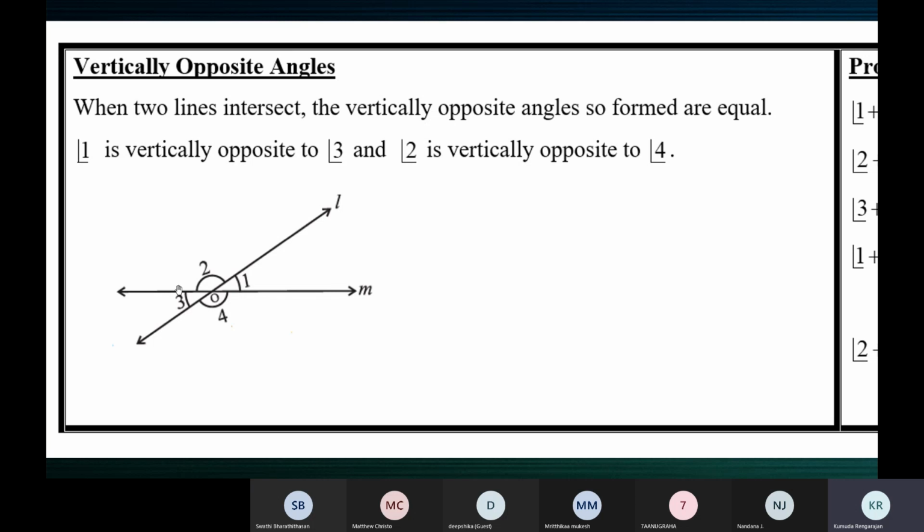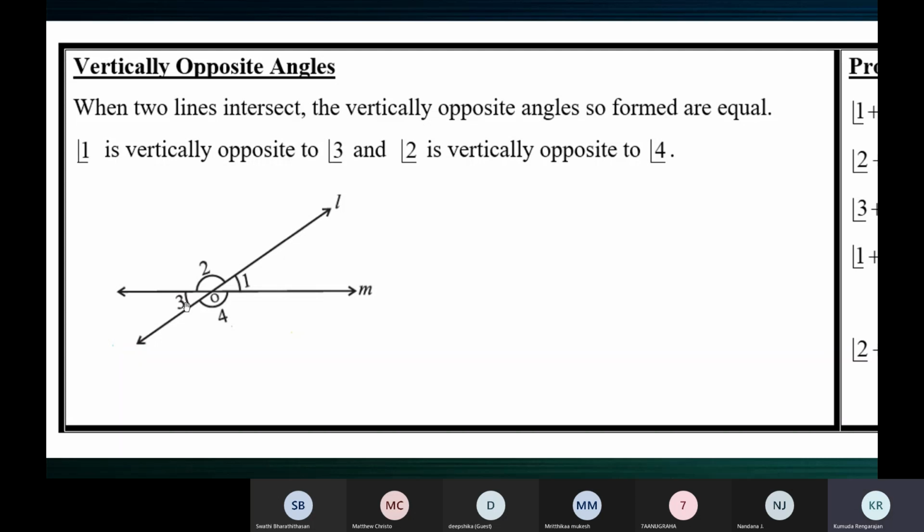Now look at the line M. Above the line M, you can see angle 1 and angle 2. Angle 1 plus angle 2 is equal to 180, linear pair. Below the line M, which are the angles? Angle 3 and 4, ma'am.